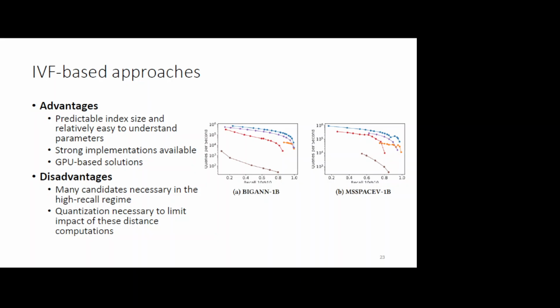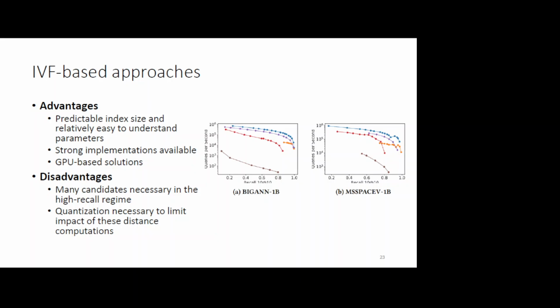So it's easy to understand and easy to estimate its index size, and also because there's only one parameter, it's easy to analyze its performance between the index size and your accuracy and search time.